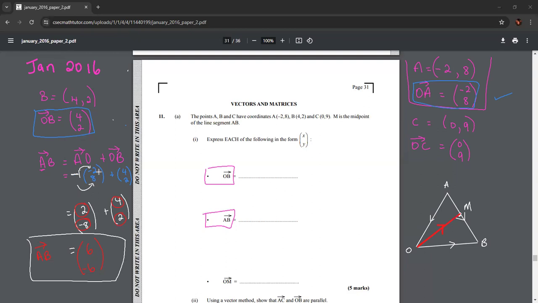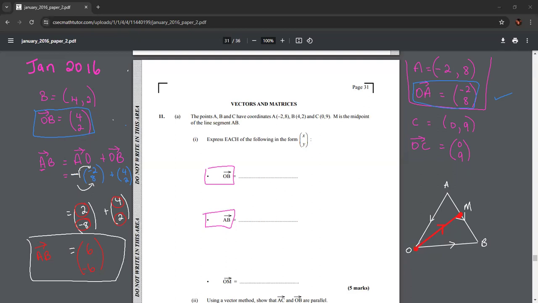Now, anytime they give us something like this, you look around and see what other direction we could go in order to get to this point. I want to go from O to M, but I don't know that instruction. So I'm going to go the other way around.